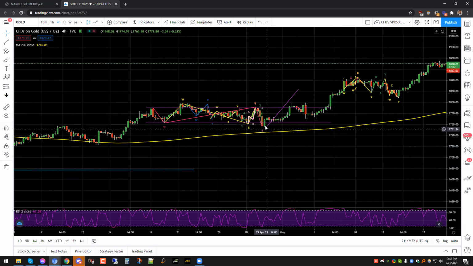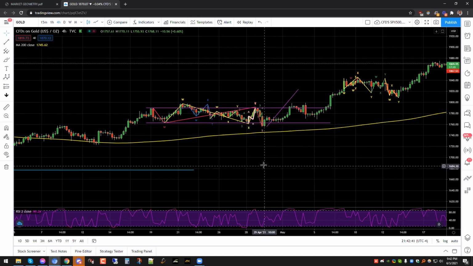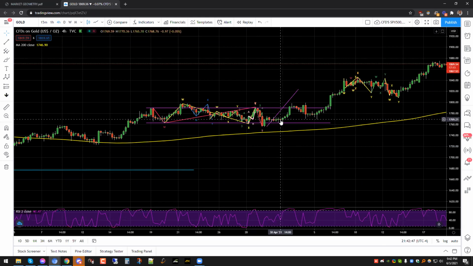Now that volume bar, you see this green bar right here, this is a big volume bar, right? I know other traders use a volume indicator and all different things to determine volume. I don't really use indicators. One of the only indicators that I use is the relative strength index. I find it's the most effective indicator out there.